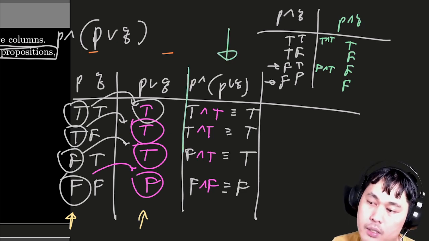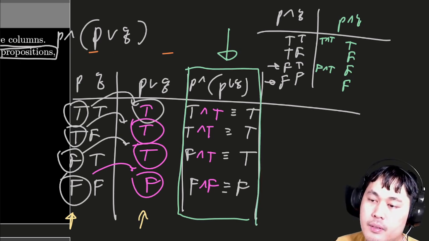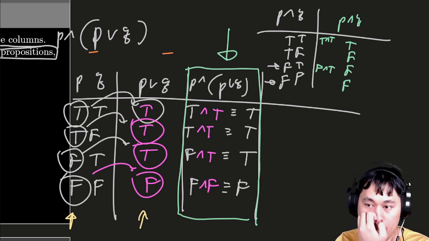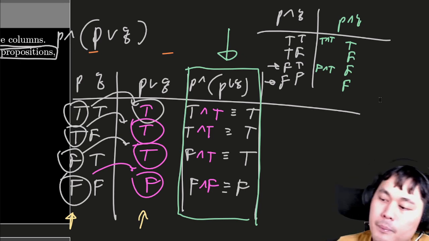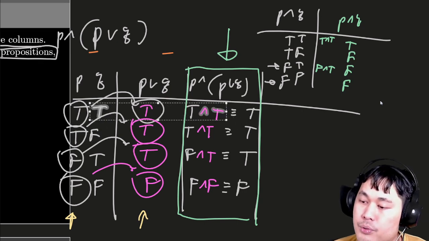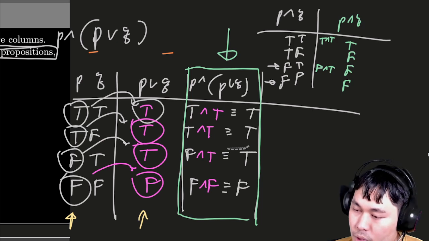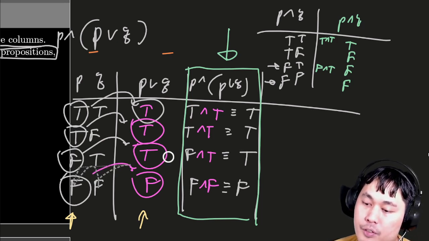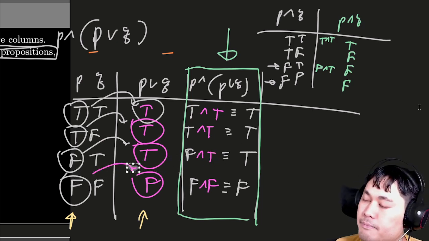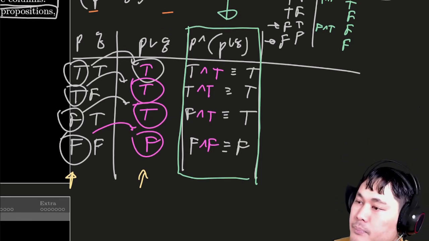This is the combined logical operation of P and P or Q. If they are both true, then the result is true. If P is true, Q is false, then the result is true. If P is false, Q is true, then the result is false. And lastly, if P is false, Q is false, the result is false. This is what we have.